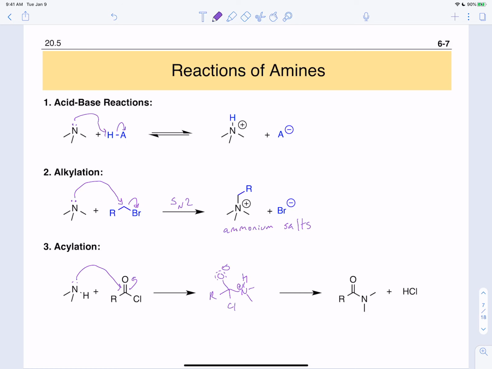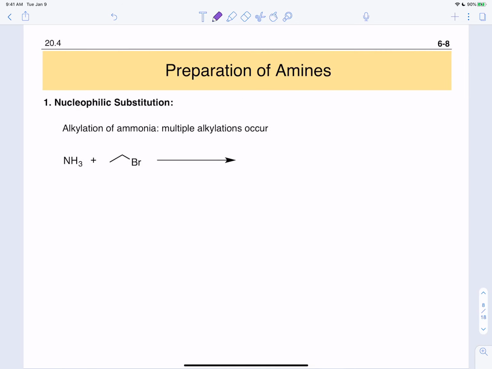So let's take a closer look at these alkylation reactions. This seems like an obvious way to make different types of alkylamines or amine derivatives. But this becomes a bit more complicated than you would expect. Because along with our single reaction, where we could have this ammonia do a substitution reaction, we end up with actually quite a few problems.